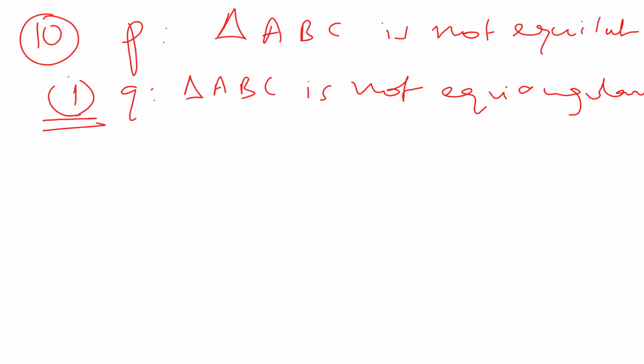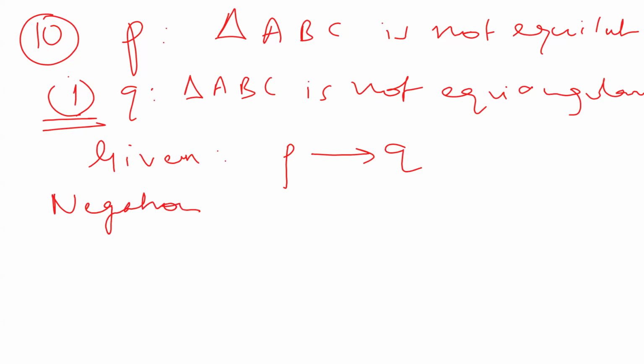Given P implication Q, if-then. Negation is this: the first statement as it is, and negation of Q.